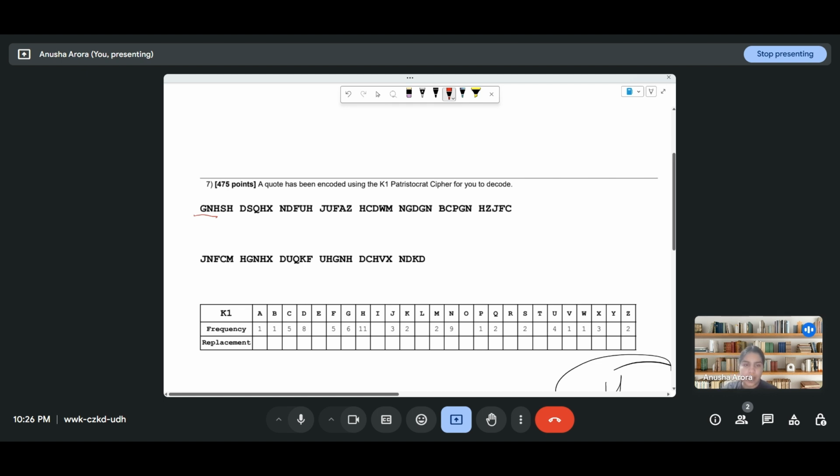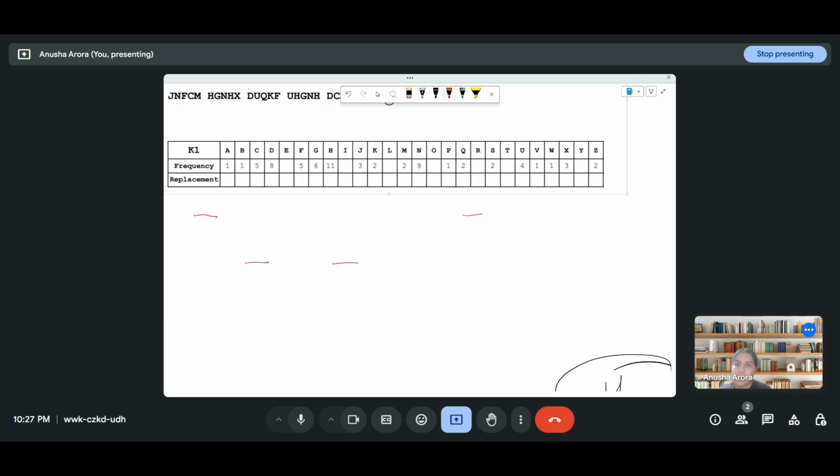We see it again over here, G and H. We see it over here, G and H. I think I saw it one more time. Alright, maybe, right here, G and H. So I think we're going to assume that G and H is the word "the", and we'll go off of that guess.